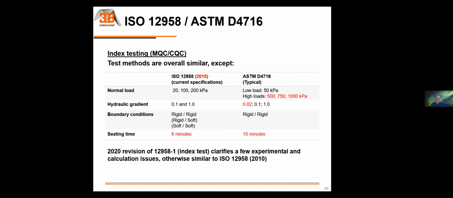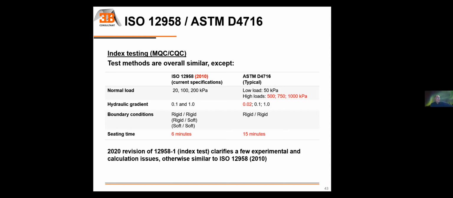So not everybody can do it. But when you can have good accuracy on the control of the hydraulic gradient, with the information I presented before, you realize that the measured transmissivity is going to be much higher. So using a very low gradient, 0.02, is good for specification, in the sense that it shows very high numbers for transmissivity.